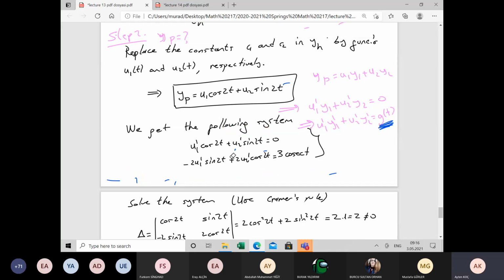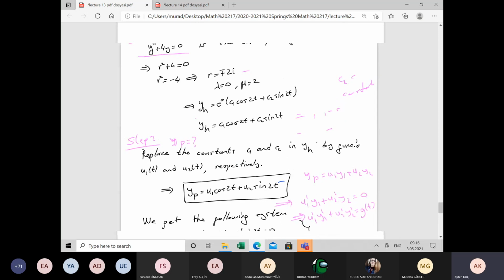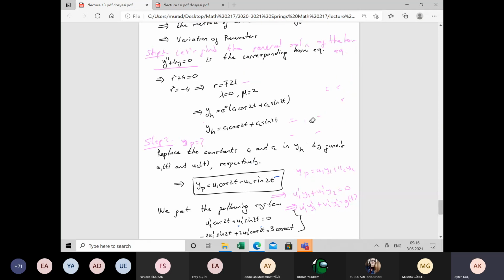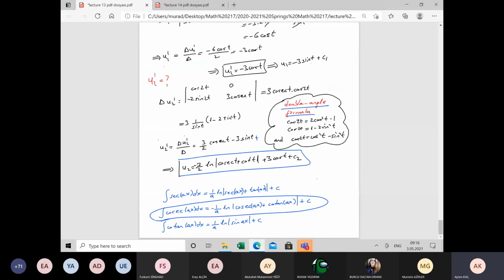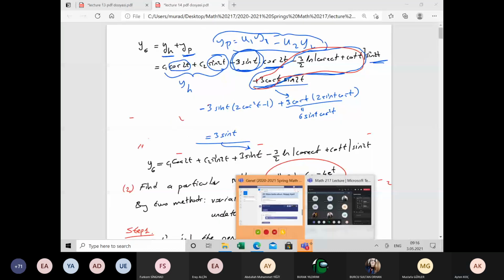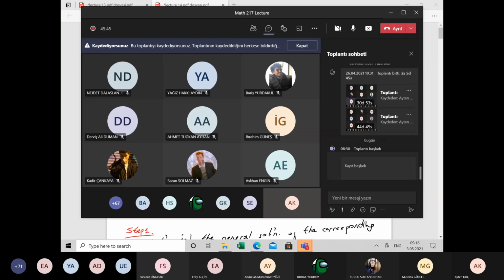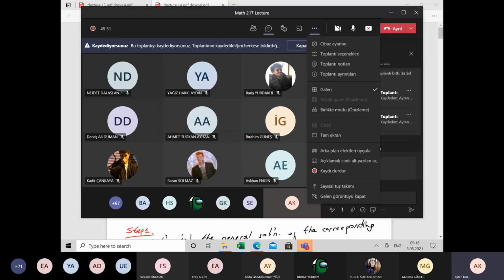Any question about the solution of our differential equation? No question. Okay, let's stop here. Let's have a break, and then we will solve the second equation.